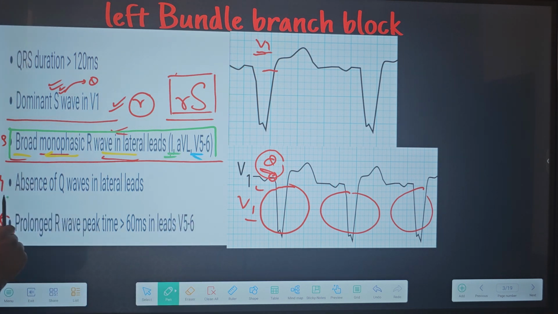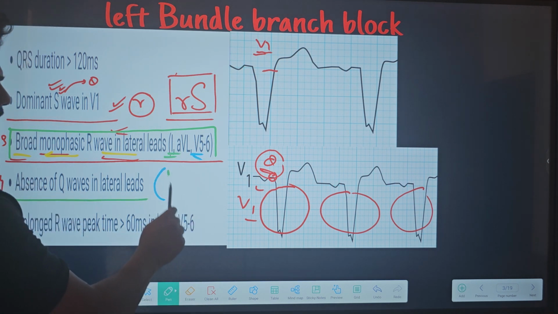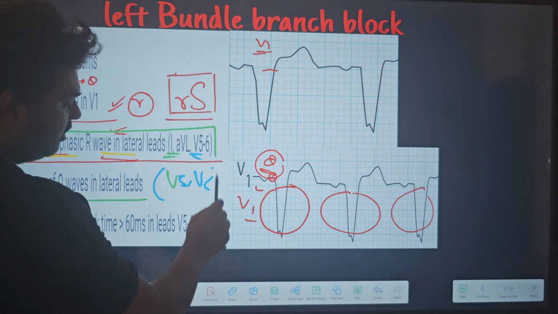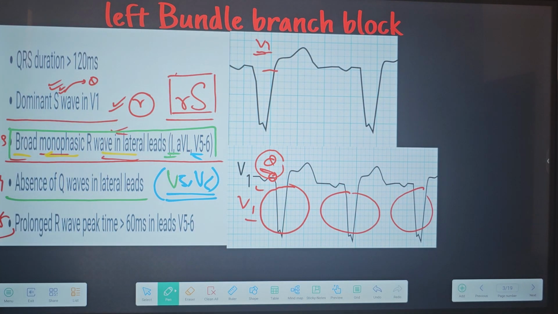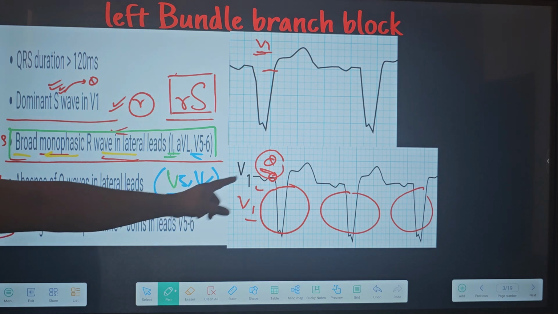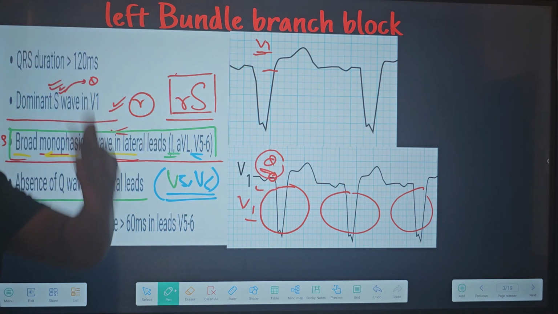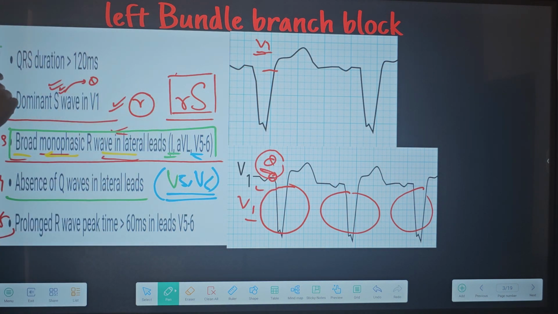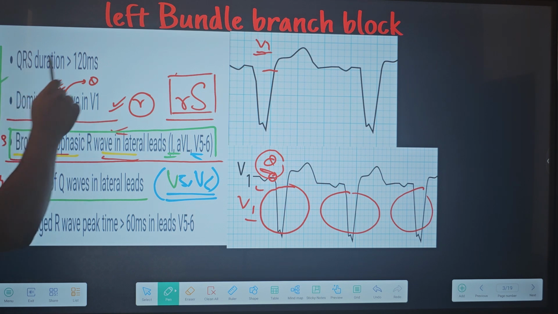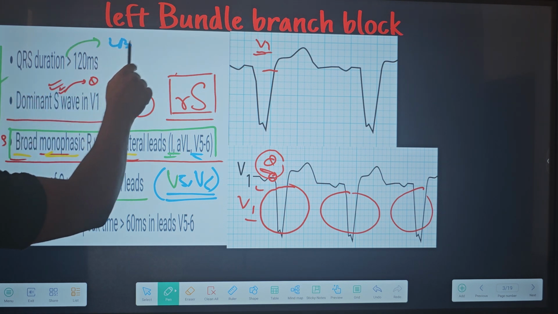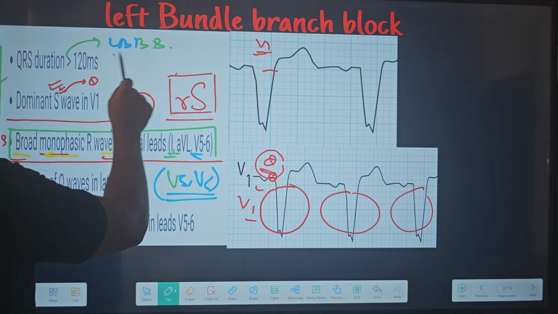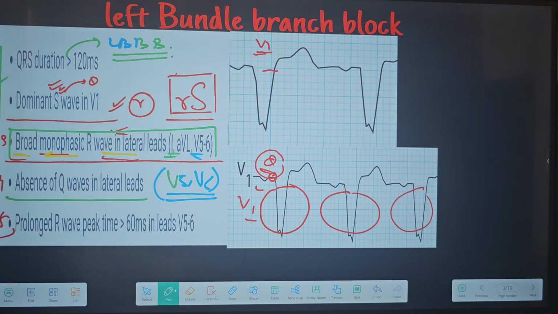Then absence of Q wave in lateral leads, mainly V5 and V6. I have already explained why the Q waves will be absent in V5 and V6 in left bundle branch block. If these four things are present, then you will label that ECG as left bundle branch block.